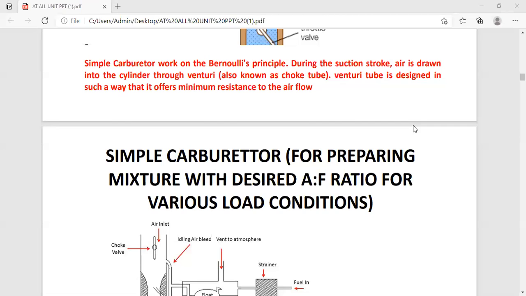In this week we are continuing the thermodynamics lecture, because before the examination we have to complete at least 2 units. After the examination, you again have to face the second semester examination, because they are going to give only 15 days after this first examination. So how are we going to complete this syllabus? Only a short duration is available.